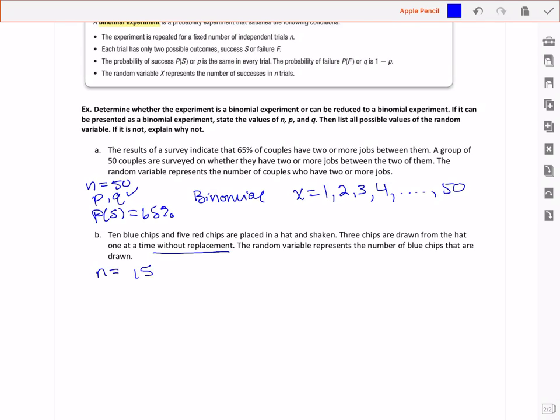Do we have a P and a Q? Looks like P is the number of blue chips. Okay, so Q would be not getting a blue chip. Probability of success, well, for that first draw, it would be 10 out of 15, because 10 blue out of 15 total.